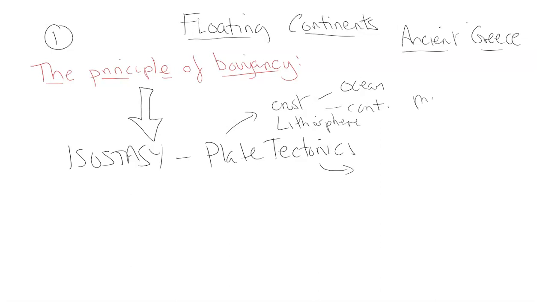Don't forget the Moho, which is the line of discontinuity where the seismic wave changes speed, increasing velocity from the crust into the mantle.